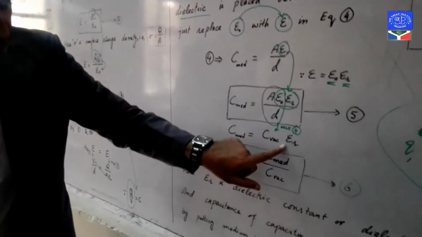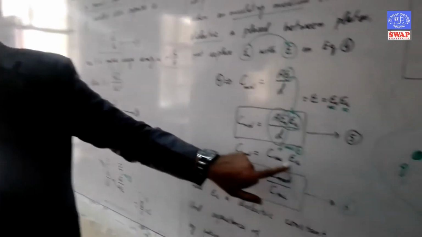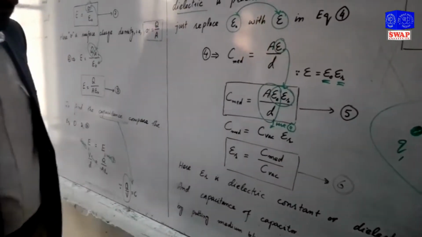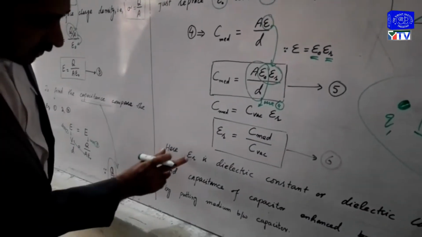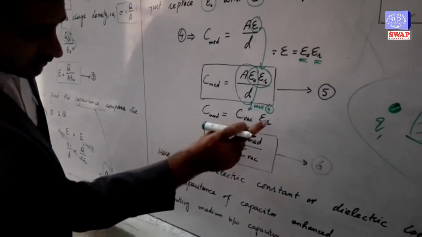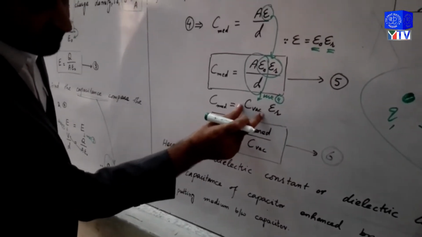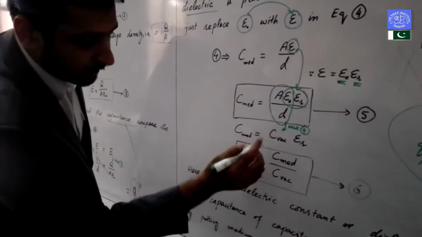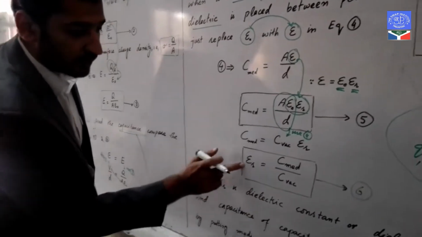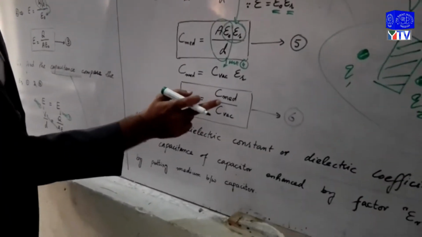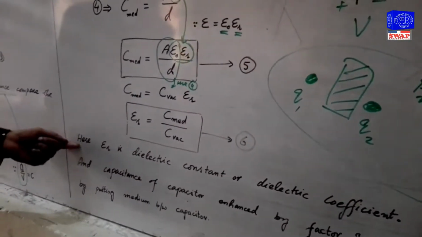Here relative permittivity is called the dielectric constant. We can find it by moving the capacitance with vacuum to the denominator: relative permittivity is equal to the capacitance of the medium over the capacitance when vacuum is placed between the two plates.